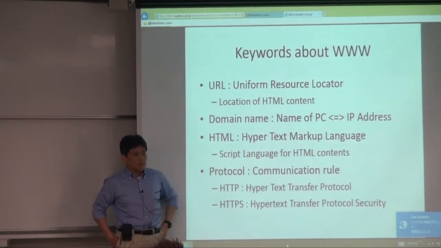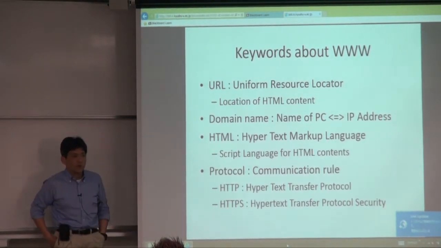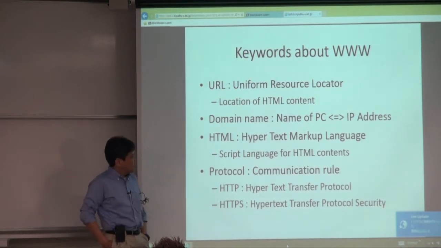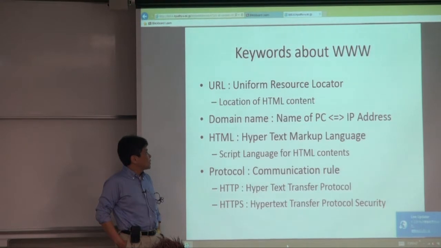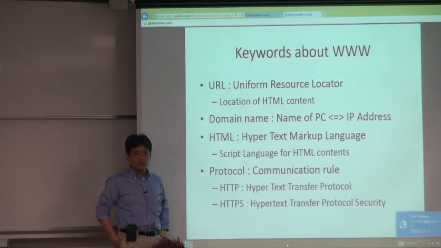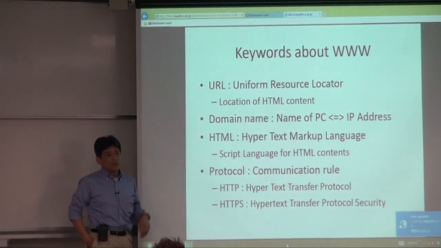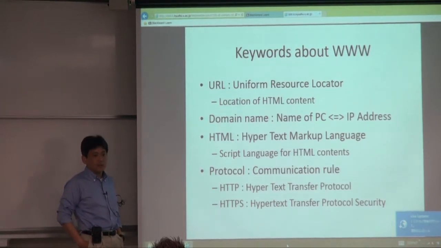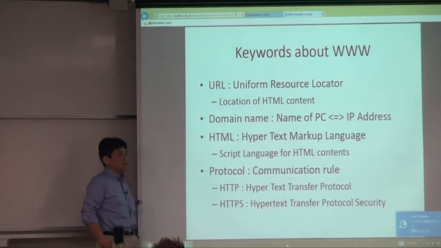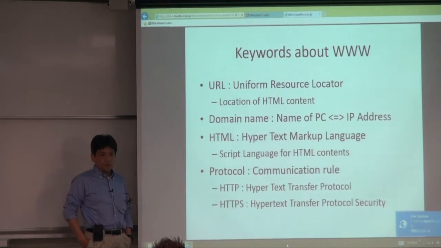Using HTML, you can make your own homepage. When making HTML, you can use only a text editor. Later I will show how to make HTML content using a text editor. Especially for Windows PCs, Notepad is a standard text editor.